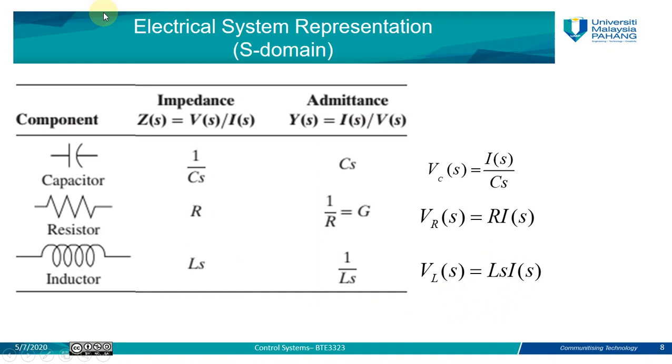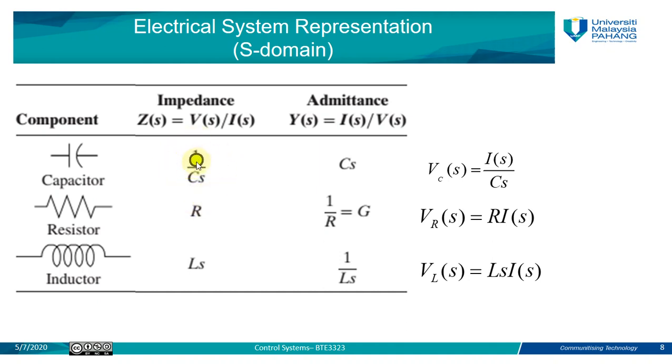So if we want to use this transform method to solve for our transfer function, we need to replace any capacitor by 1 over CS, any resistor by R, and any inductor by LS. Based on the values of L and C, these values will change.